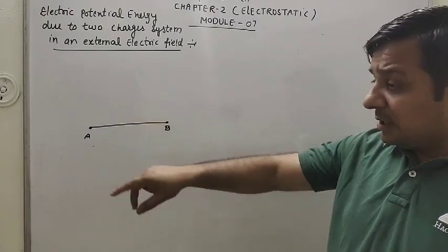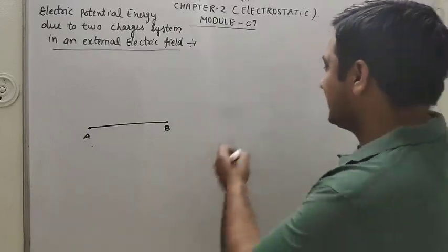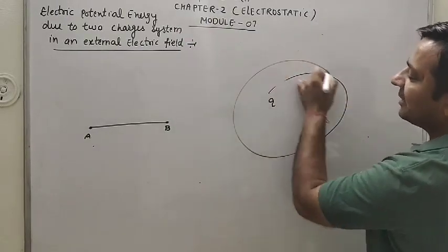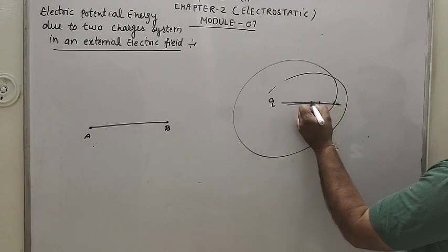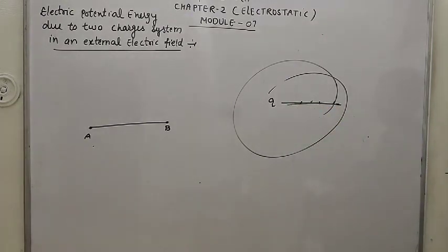If this is a charge q and this is its electric field, every point has a different potential, right?